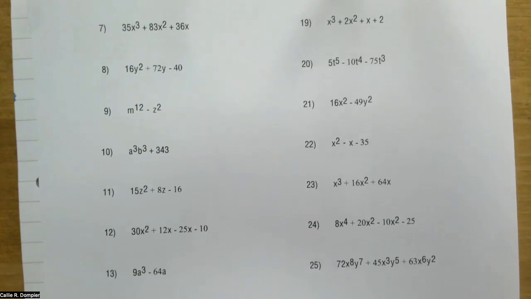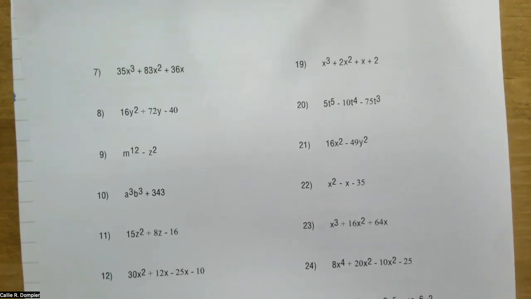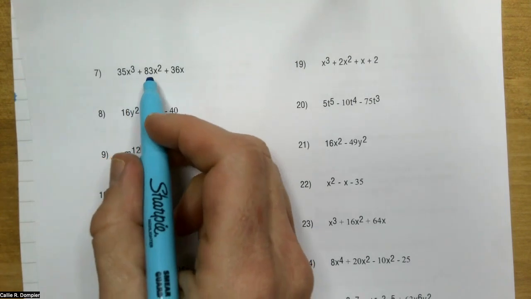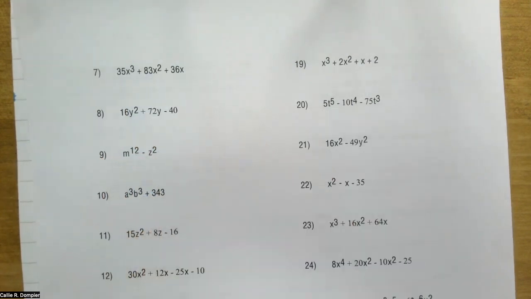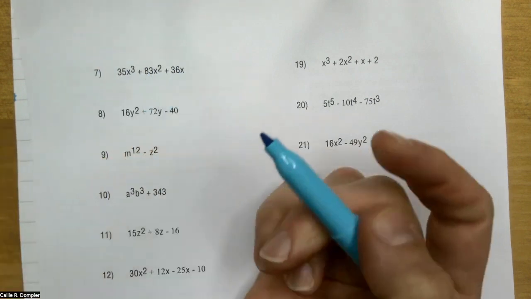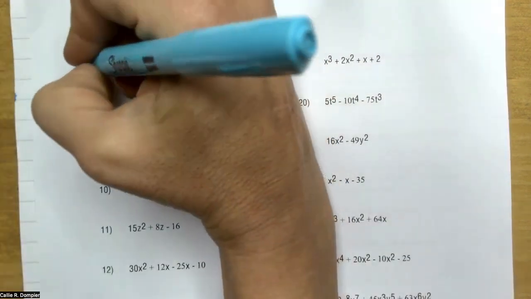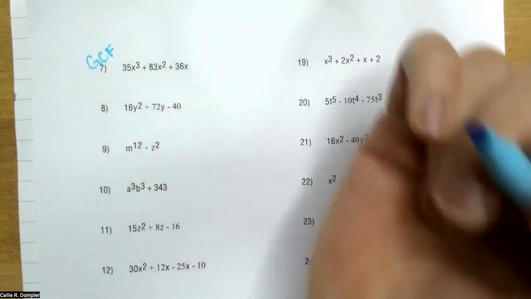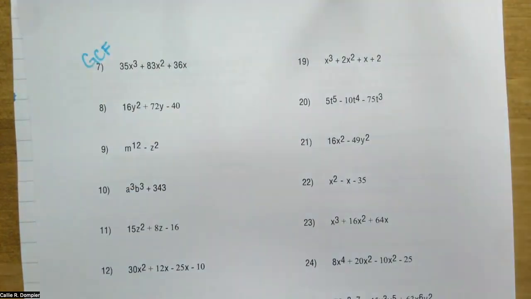Let's look at the other ones. We have number 7, 35x cubed plus 83x squared plus 36x. I don't know about 83, right? That's a pretty big number. I can't off the top of my head think of any numbers that I can divide it by, but I see that all three have the variable x. So I'm going to say they have the greatest common factor of at least x. I can factor out at least x, okay?